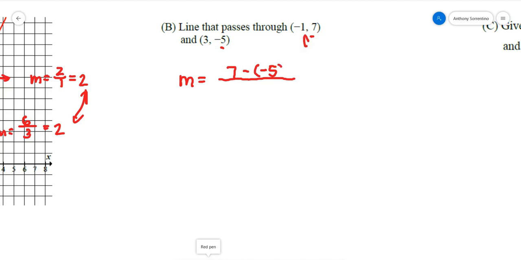Since I started with this point's y coordinate first, I'm going to start with its x coordinate first on the bottom. So I'm going to have negative 1 minus 3. 7 minus negative 5 is the same thing as 7 plus 5, so that's 12. Negative 1 minus 3 is a negative 4, and that becomes a negative 3. So the slope for that line is negative 3.